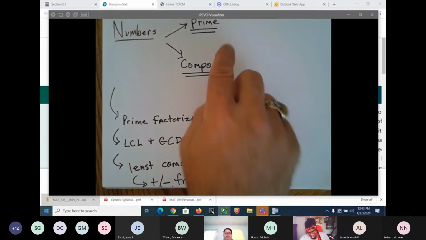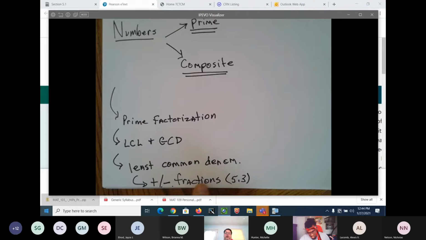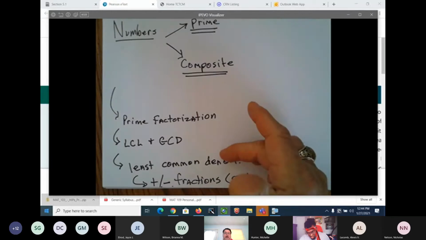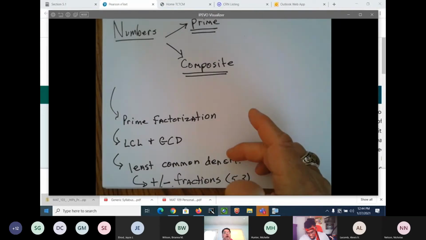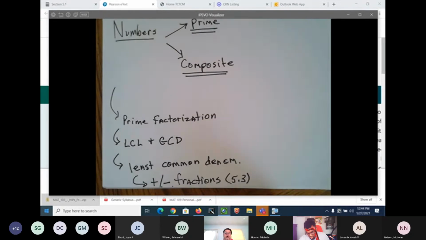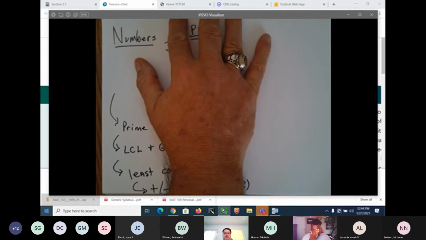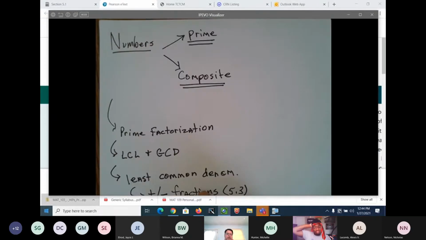My goal is to teach you 5.1 so you don't suck at 5.3. All right, that's my goal. So I'm going to go through this stuff in 5.1 real slow so that way you don't suck at finding the least common denominator in 5.3. So I'm telling you that because I don't want the student that knows everything to think that I'm only worried about this. No, my plan is to get you ready for 5.3.